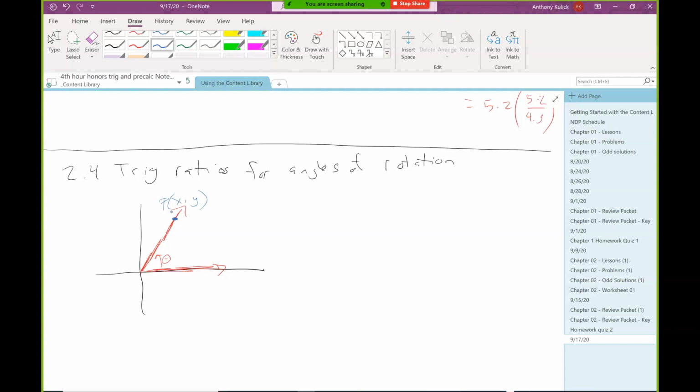Now I'm going to make a right triangle by drawing an altitude, or a line back to the x-axis. Everybody's okay there? So I have this new right triangle. What is this length? What is that leg length there?